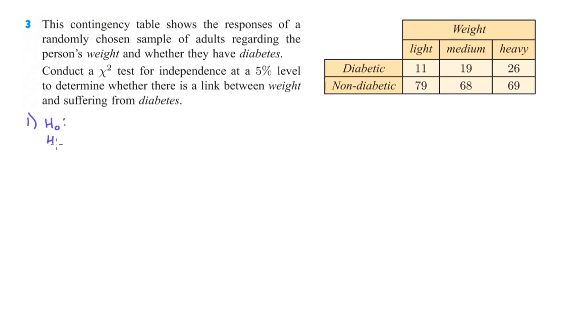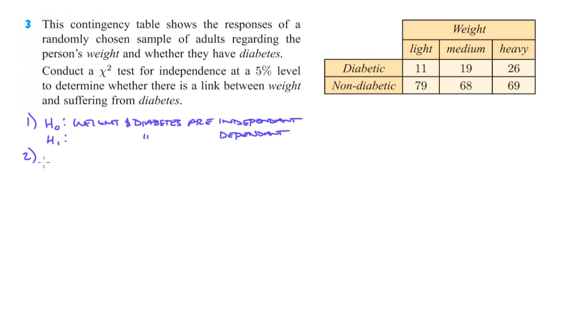And basically, again, remember H0 is always that nothing has an impact on anything else, so that would be weight and diabetes are independent of each other. So therefore H1 would be weight and diabetes are dependent on each other.